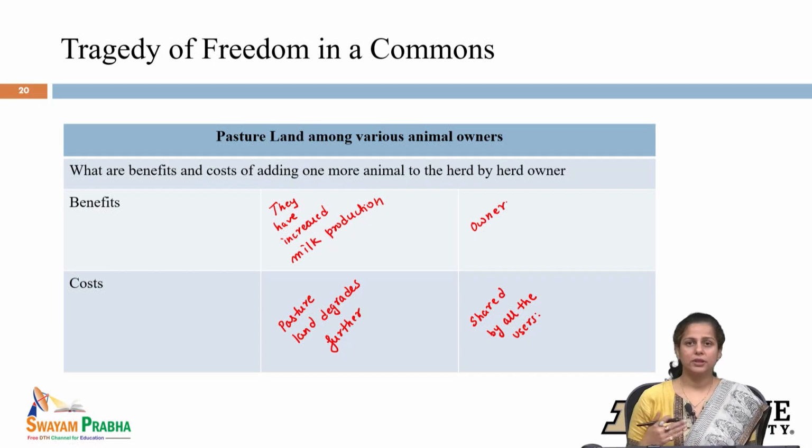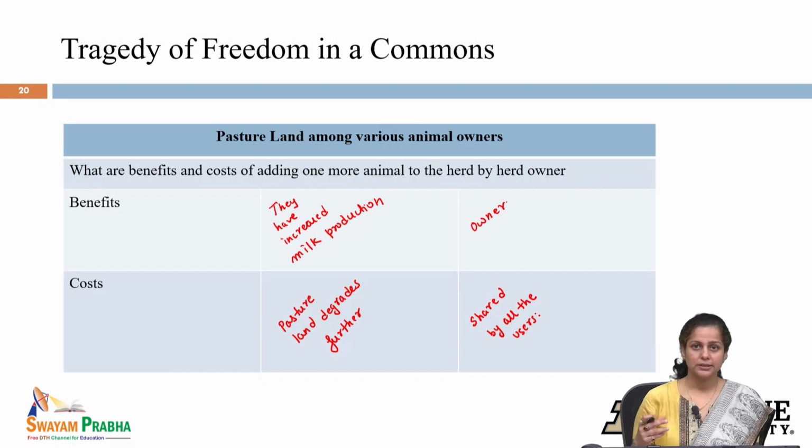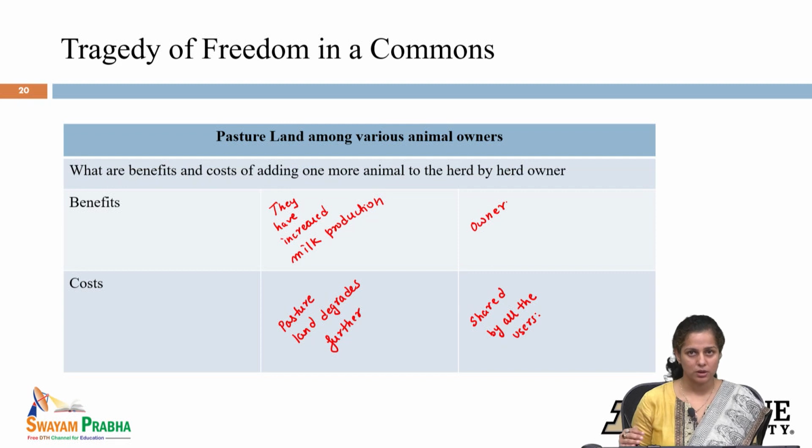So now if we think about the sustainable design, there is no one actually talking about what is the limits or the capacity of this pasture land, so that they can limit the private owner to actually keep adding more and more cows. If a person is making more profit and buying more and more cows without considering the limits, the pasture land will keep on degrading, and eventually no one will be able to sustain their animal herd.